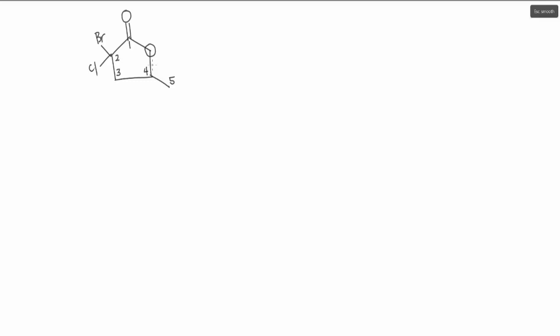Okay? Now, let's see what we have. We have 2-bromo, 2-chloro. And do not forget your hydroxy. Where is the O in the lactone? It's bonded to carbon 4. So we're going to write 4-hydroxy.